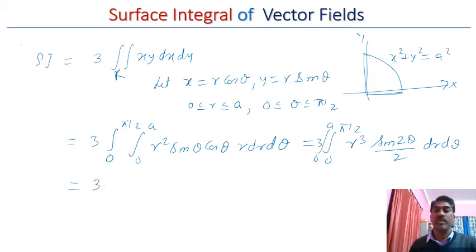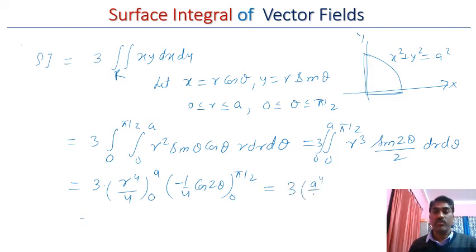So 3 times r integrates to r to the power 4 over 4, and the limit is 0 to a, and sine 2 theta by 2 integrates to minus 1 by 4 cos 2 theta, and the limits are 0 to pi by 2. So you can find this as 3 times a to the power 4 by 4, and this minus 1 by 4.